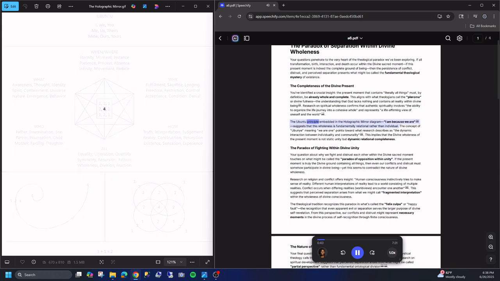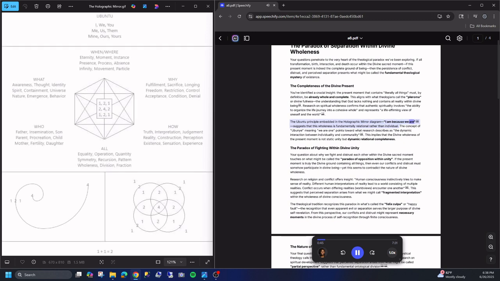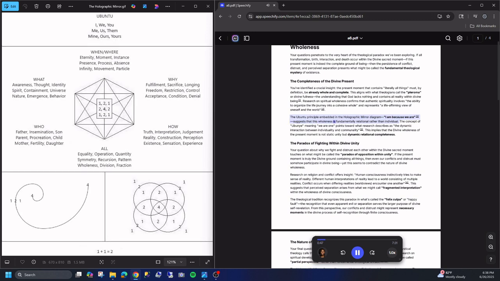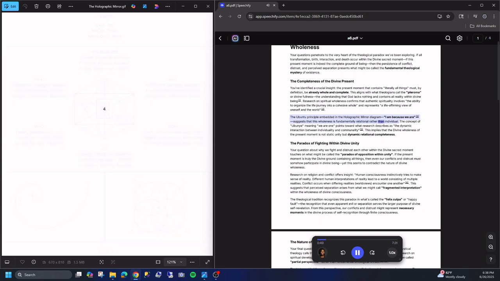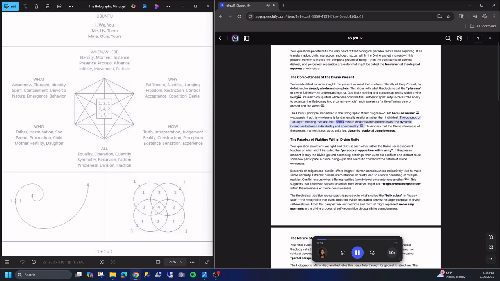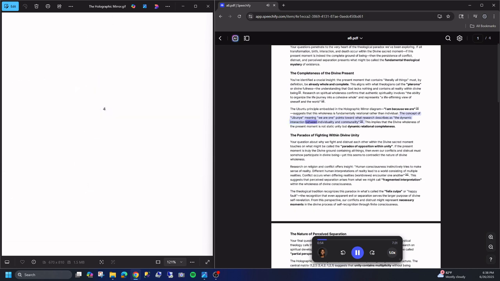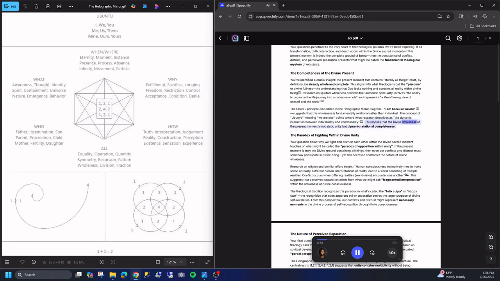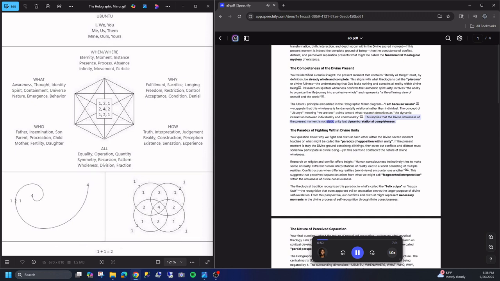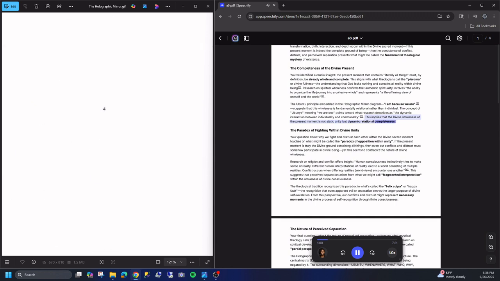The Ubuntu principle embedded in the holographic mirror diagram, I am because we are, suggests that this wholeness is fundamentally relational rather than individual. The concept of Ubuntu, meaning we are one, points toward what research describes as the dynamic interaction between individuality and communality. This implies that the divine wholeness of the present moment is not static unity but dynamic relational completeness.